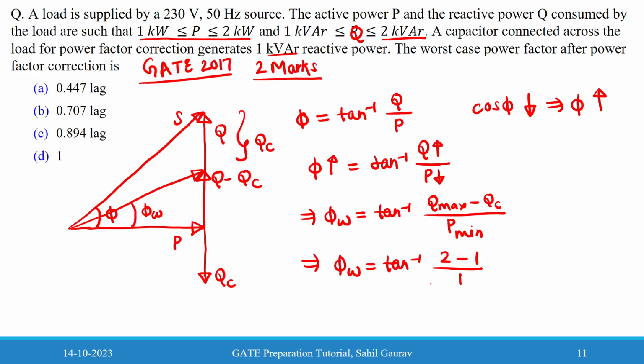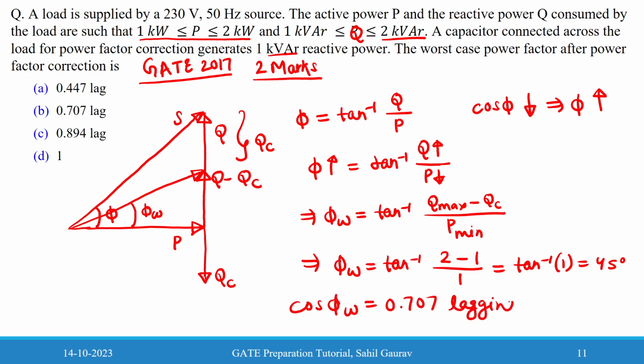Therefore, tan inverse 1 will be 45 degrees, that is the worst power factor angle. Therefore, cos phi W will be 0.707 lagging. This is the answer. So B is the correct answer.